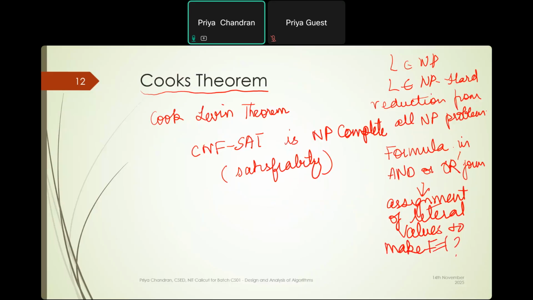Whether it is possible or not with an assignment, that is the issue to be solved there. So Cook-Levin showed that this problem is actually NP complete, which means that all problems in NP can be polynomially reduced to this problem. And it is also in NP, in that it can be solved by a non-deterministic Turing machine in polynomial time.